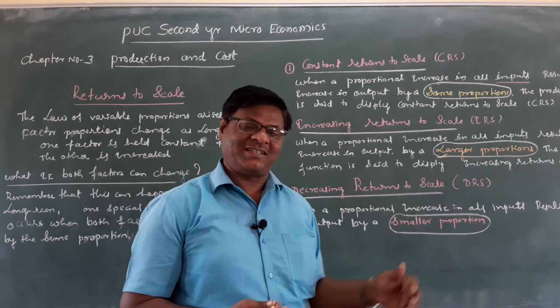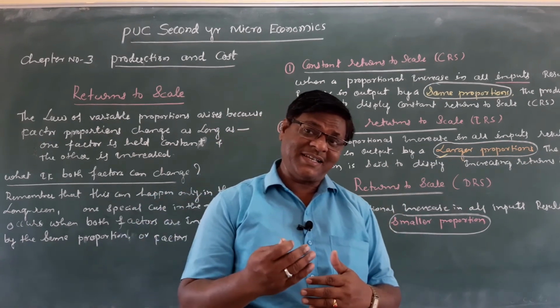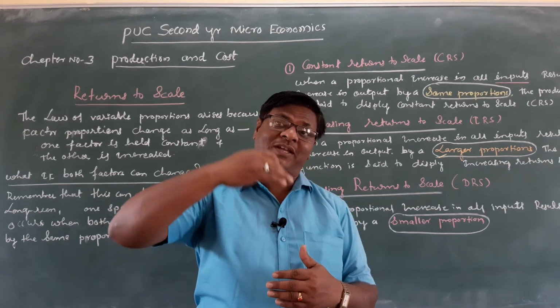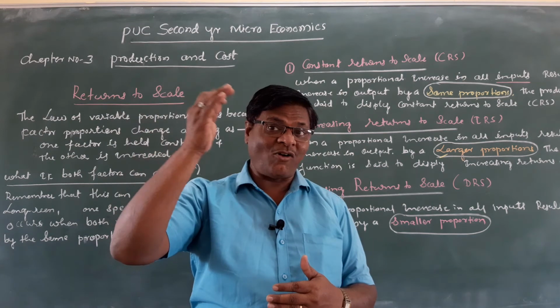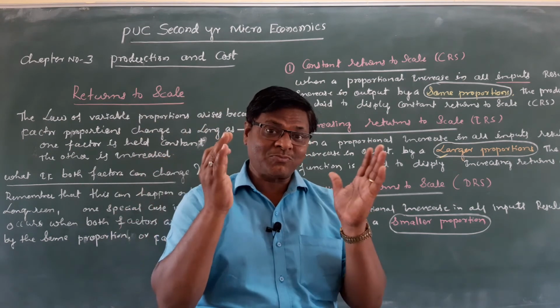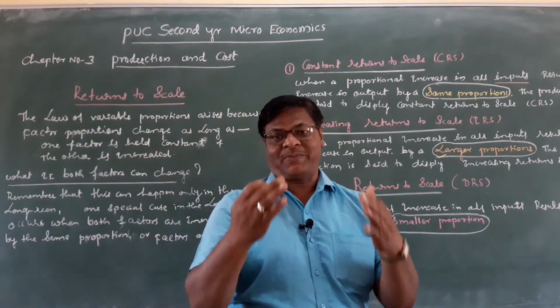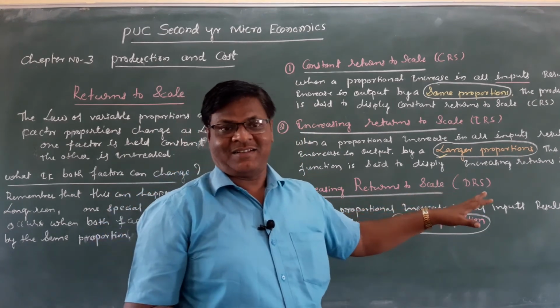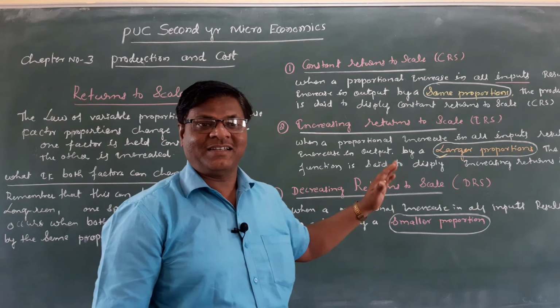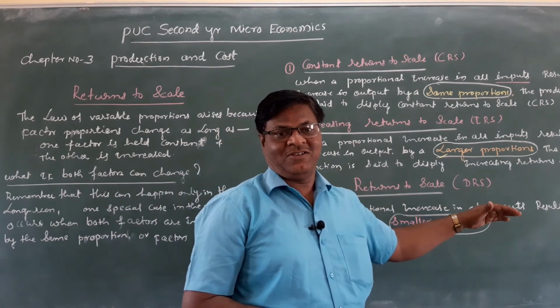It means that as we increase all the inputs in the same proportions, but the output increases in smaller and smaller proportions, it is called DRS, decreasing returns to scale.